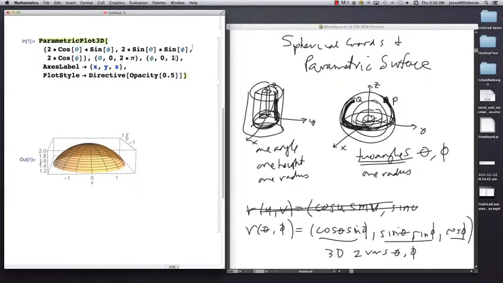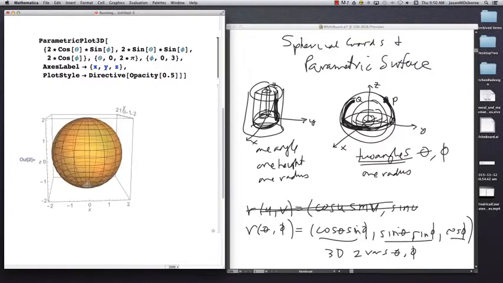So the bigger phi gets, that angle phi is being measured from the North Pole down to the bottom of the sphere this way. So as phi gets bigger, 3, we're getting more of the sphere measured from the top. So phi is the angle measured from the North Pole down to the xy plane.